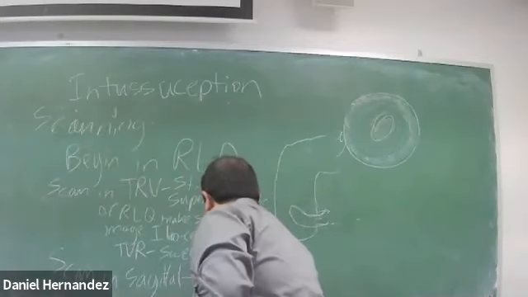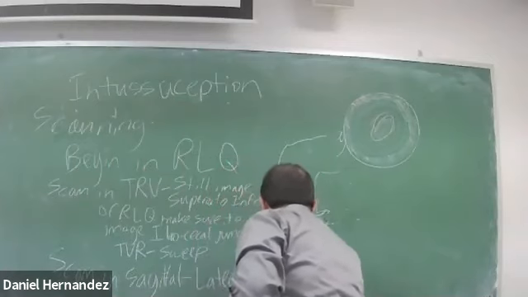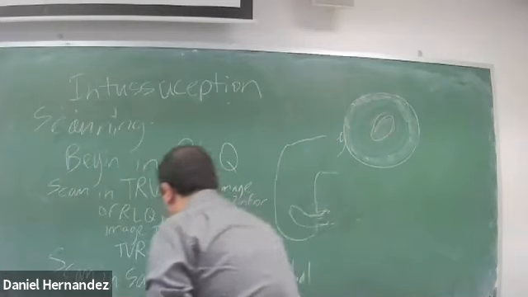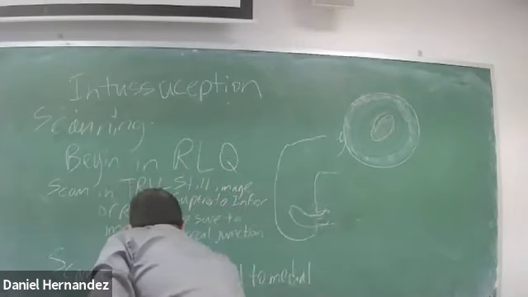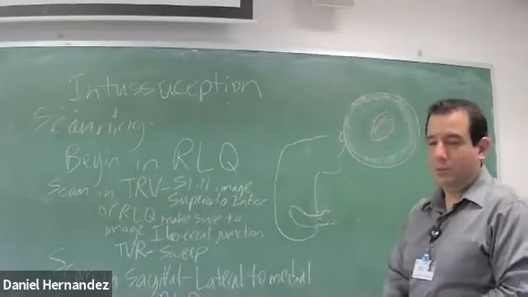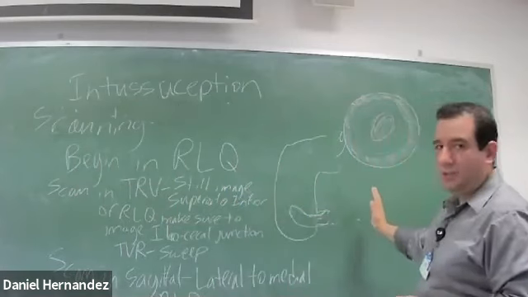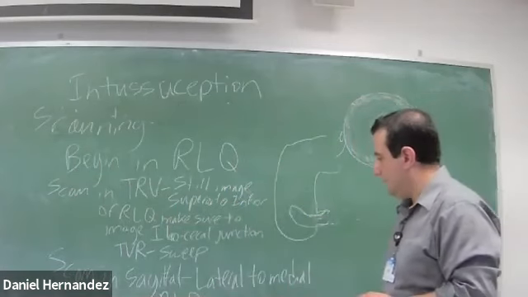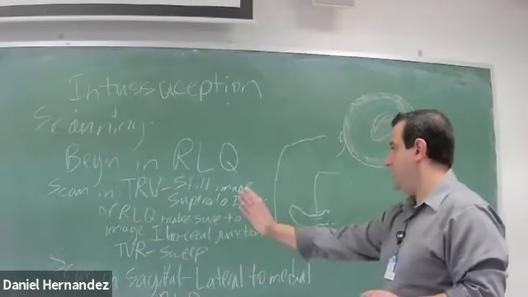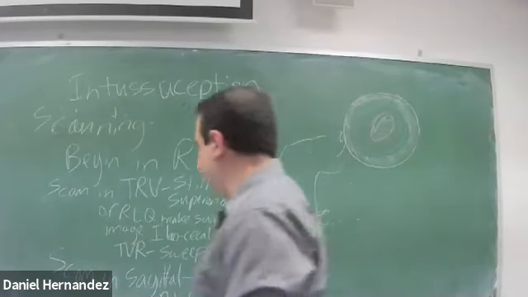I'll scan lateral to medial across the right lower quadrant. So again, now I'll do a series of still images going lateral to medial across the right lower quadrant. And then I'll finish that up with a nice cine loop clip, just me sweeping across the right lower quadrant from lateral to medial.